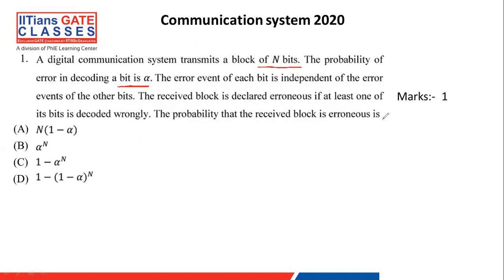To find out, we will first find out the probability that the received block is correct, and one minus that will be the probability that the received block is erroneous. So we have a block of n bits, and the probability that each one bit is an error is alpha.